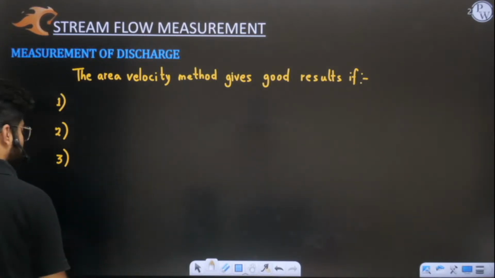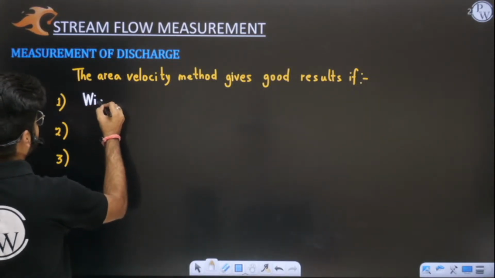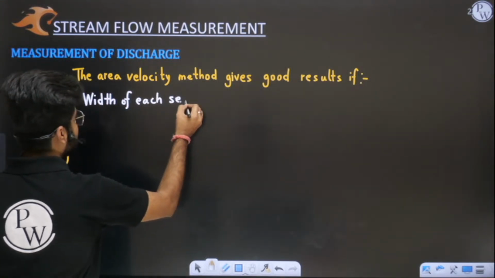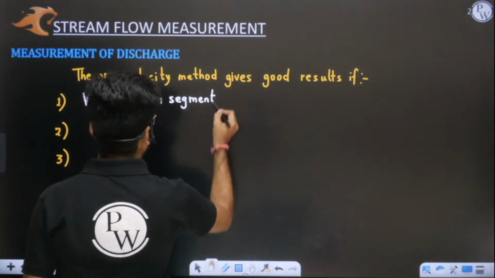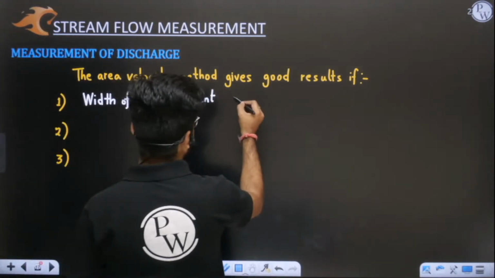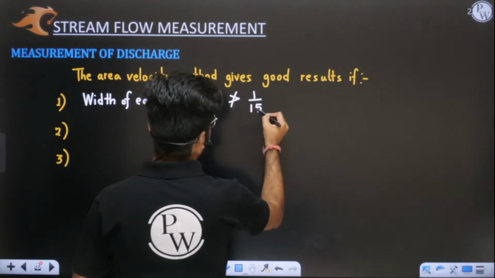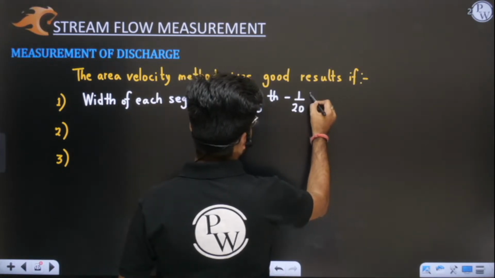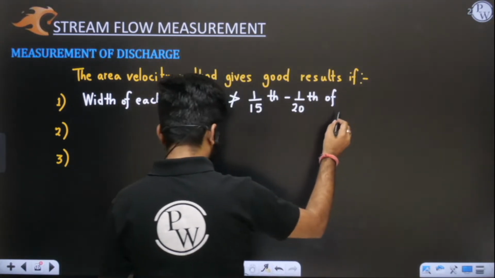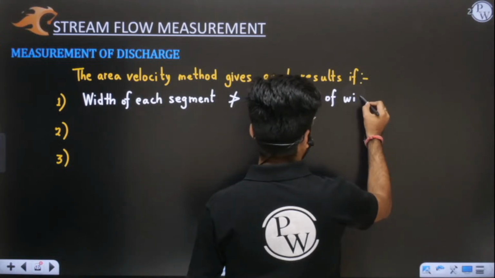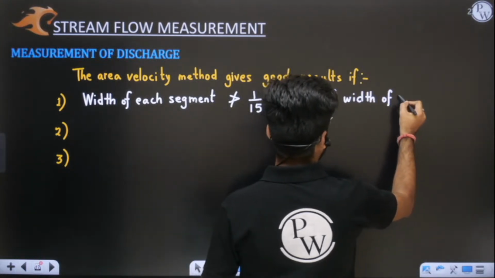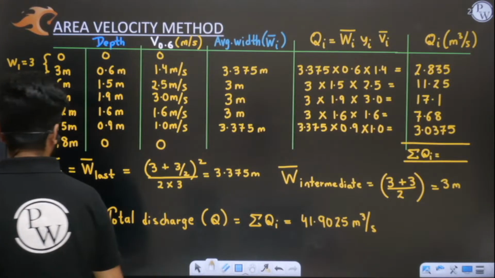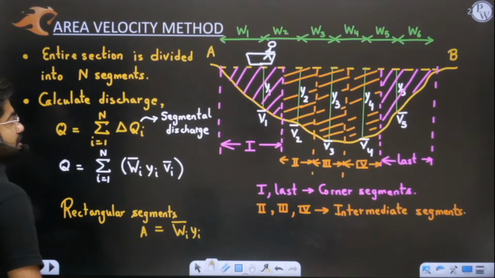The very first rule is that the width of each segment should not be greater than 1 by 15th to 1 by 20th of the width of the entire river. It means that when I am dividing it into different sections, I have to consider this.